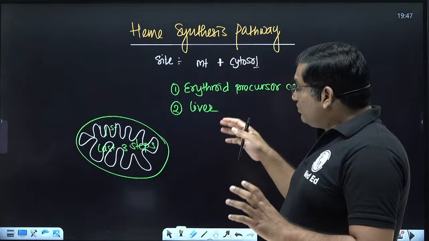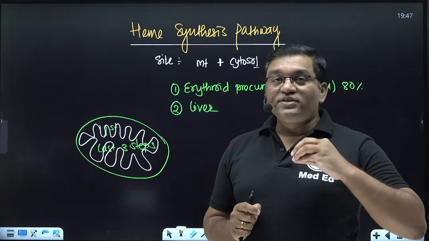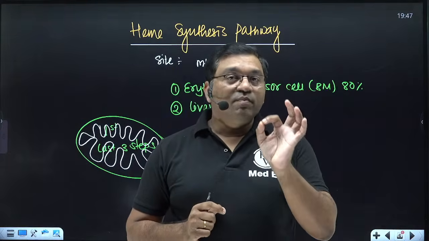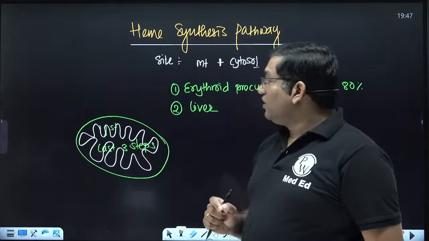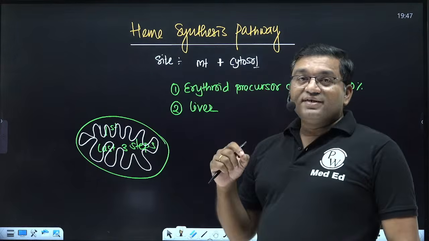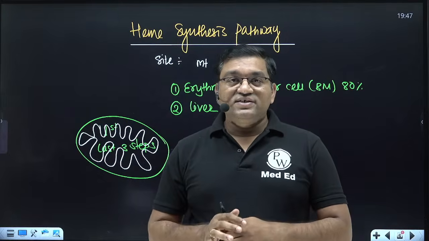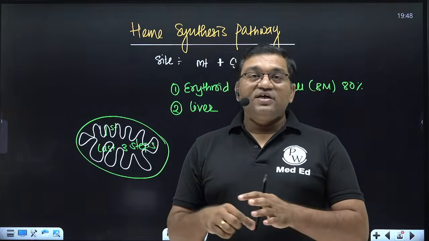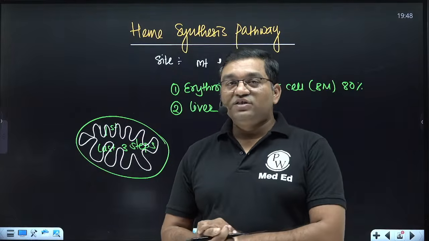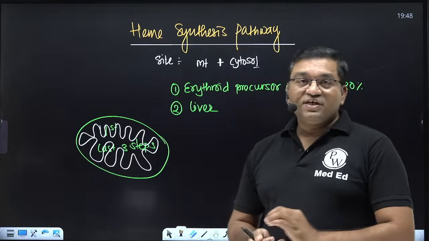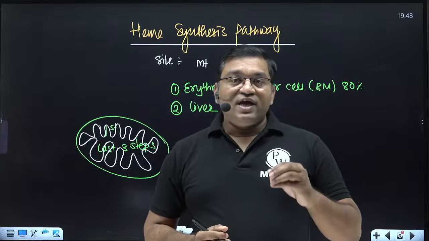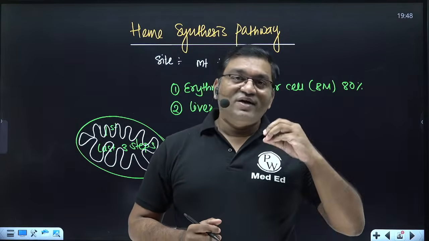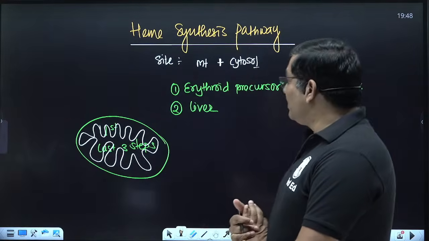The regulation of this pathway occurs by compartmentalization, where ALA, delta amino levulinic acid, is transported from mitochondria to cytosol, an important step in the regulation of this pathway. Also, this pathway is regulated by feedback inhibition and control at the genetic level by induction and repression of the ALA synthase enzyme.